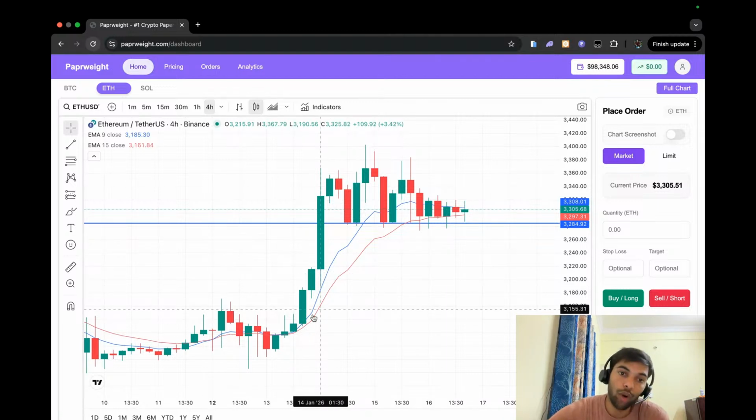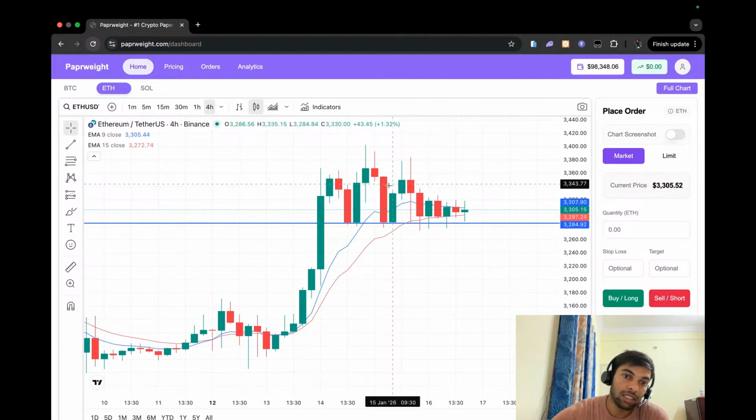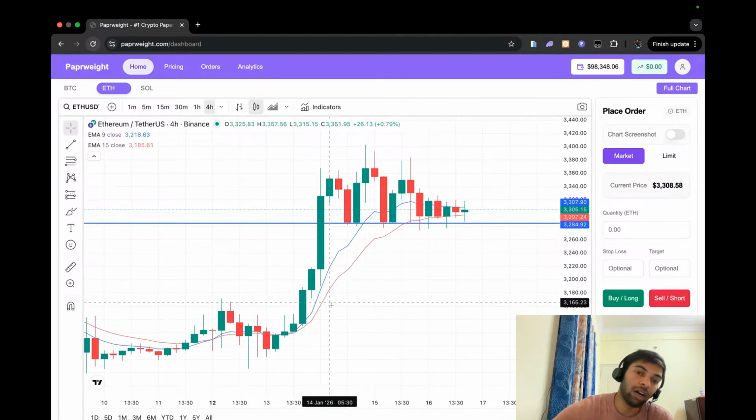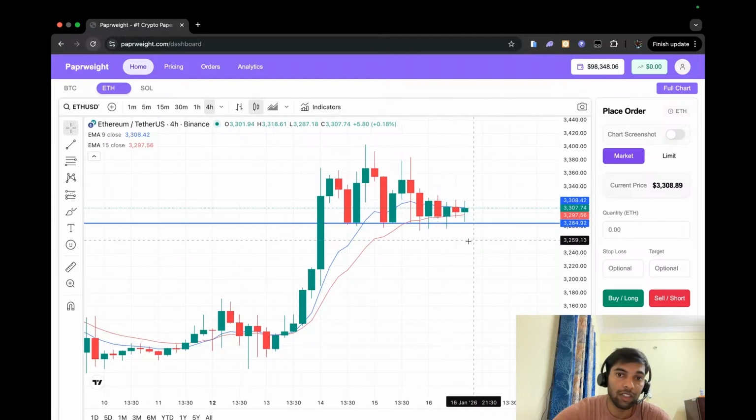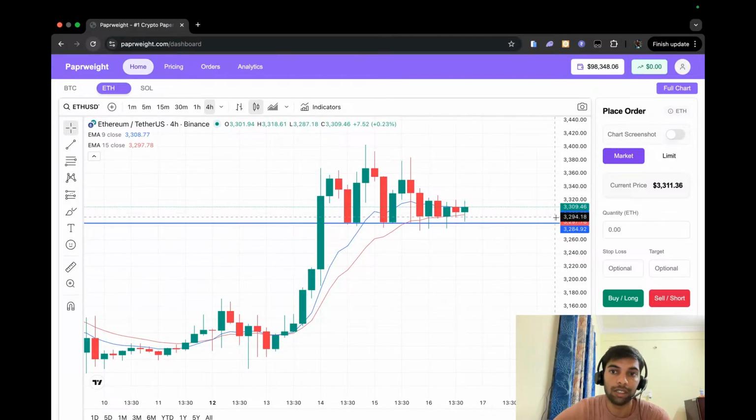And also the slope: if both lines have a slope in the upward direction, then market is in an uptrend. And if both try to go in the downward direction, then market is in a downward trend, right? So EMA is basically telling the average of previous candles. 9 means 9 candles average, and 15 means 15 candles average.